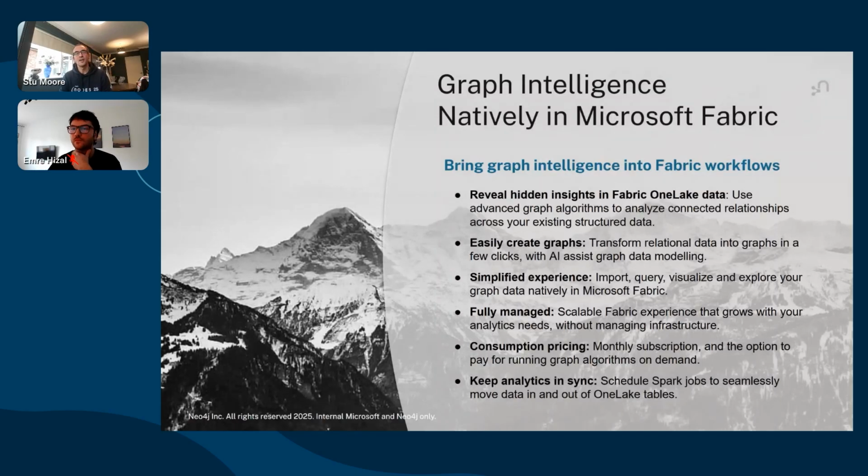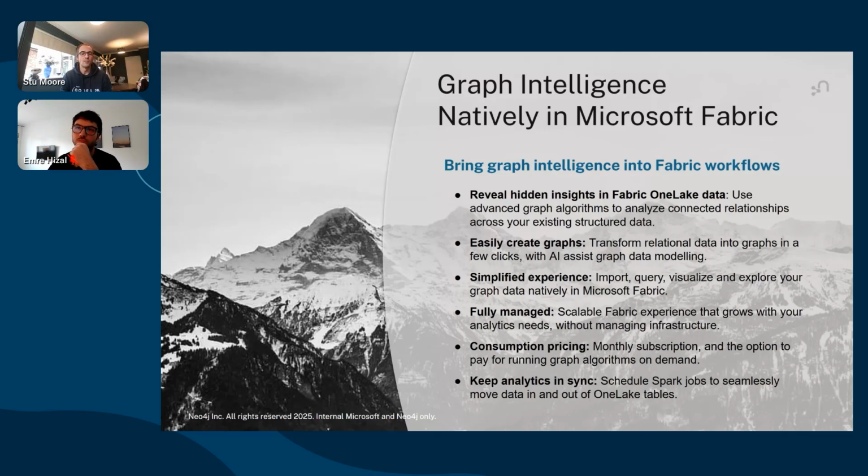So Graph Intelligence for Microsoft Fabric is a way of transforming and revealing hidden insights within your OneLake tabular data, analyzing it with Cypher, or using our GDS or graph algorithms to identify relationships and find hidden patterns. Graph creation is super straightforward. You can transform your relational data with a few clicks.